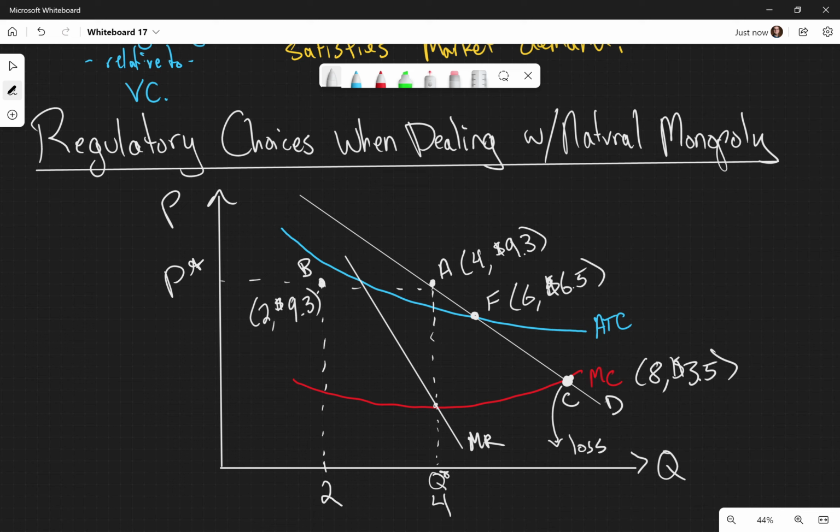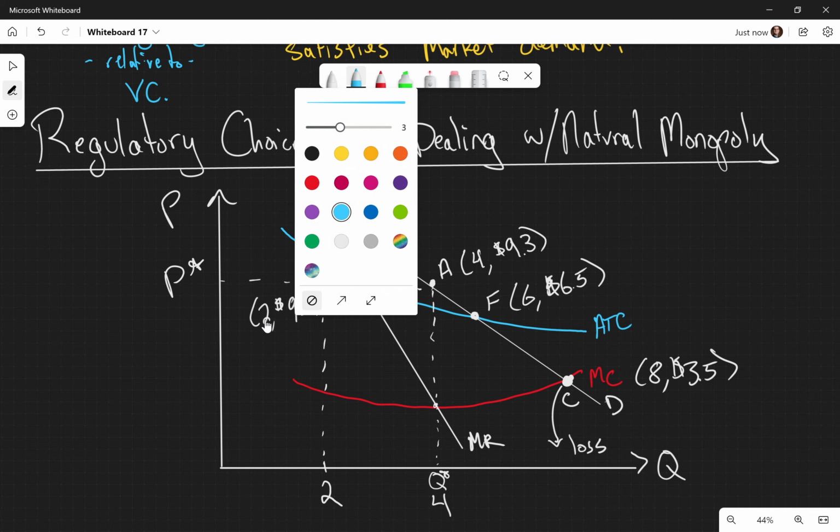And the reason why is because at this price, they are making an economic profit of 0, right? But it's also better than the underproduction if we let the monopolists price themselves, right? If they price themselves and create the quantity of their own, they're only going to sell 4 at 9.3 compared to selling 6 at 6.5. So in terms of an outcome for the consumers, this F outcome is definitely the best of all the outcomes, right?